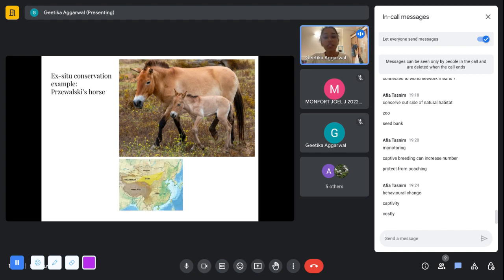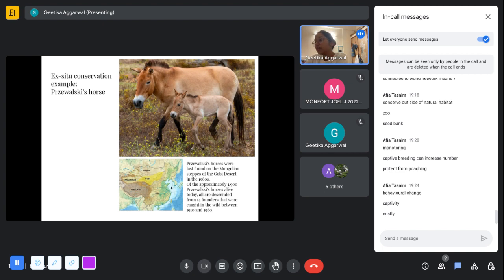It was found in the Gobi Desert, and then it was facing local extinction. It was last sighted in 1960 in the Mongolian steppes in the Gobi Desert, which is in the north of China, in East Asia.